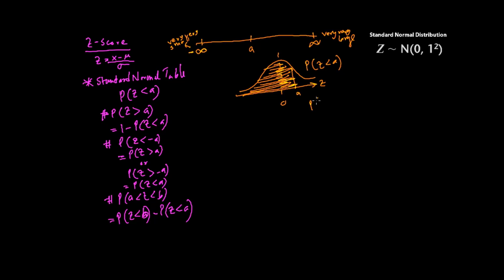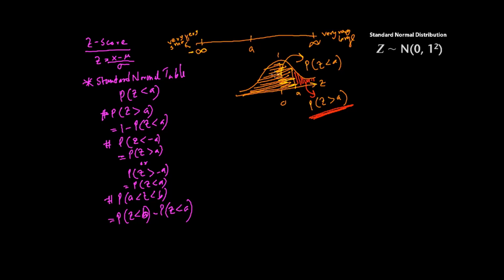When I say z is greater than a, then I'm actually talking about this region. This region is greater than a, and this is less than a. So they're symmetric.